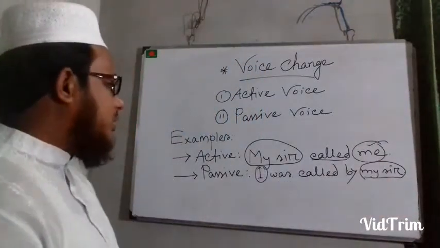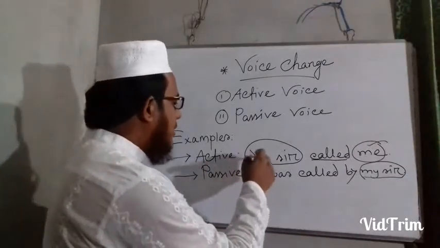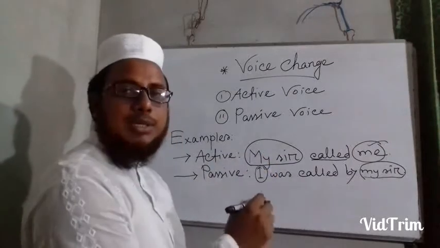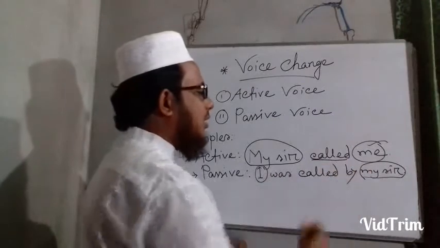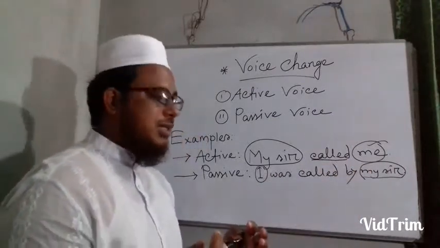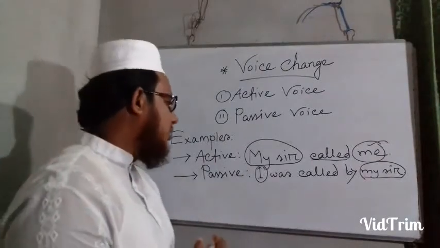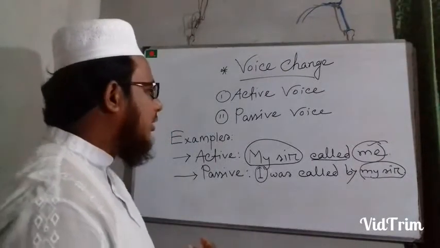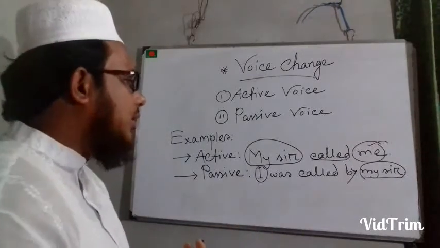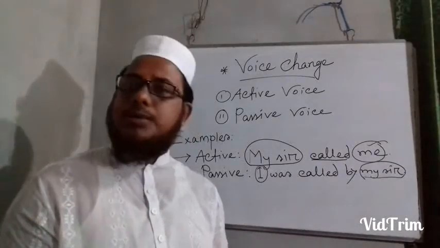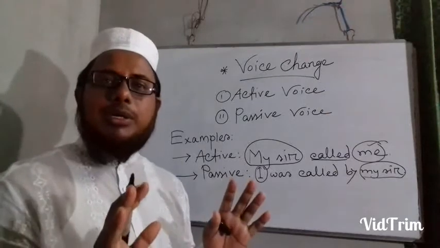In this example of passive voice, my sir was the subject in the active voice, but in the passive voice, my sir was the object with preposition by. So we can say clearly that when the subject is active or the subject works actively in the sentence, then it is called active voice.